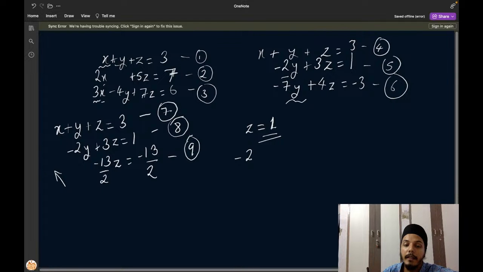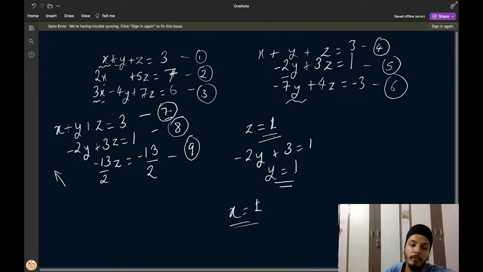So it will be minus 2y plus 3 equals to 1. So this will again give us y equals to 1. Now we will put z equals to 1 and y equals to 1 into equation 7. So this will give us x equals to 1. So now we have the set of solutions, that is x equals to 1, y equals to 1 and z equals to 1.